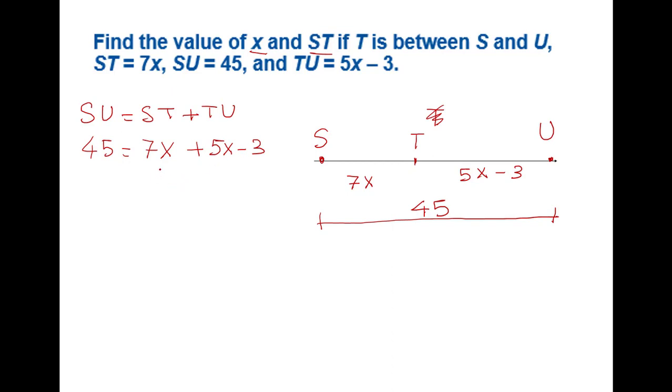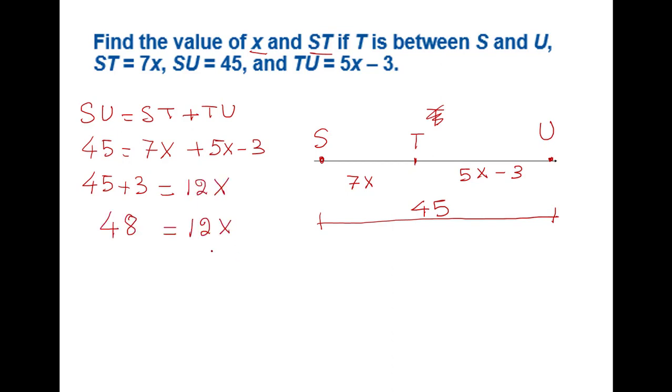Then I want to find my x first, so I will isolate the x's together, so I'll get rid of the negative 3 to put it on the other side, positive 3, equals 7x plus 5x equals 12x.